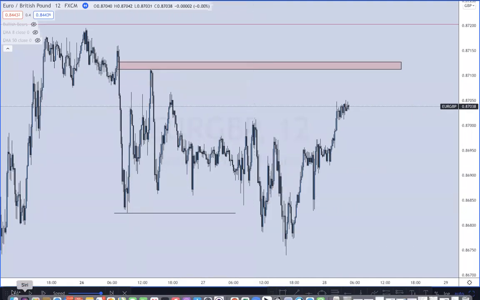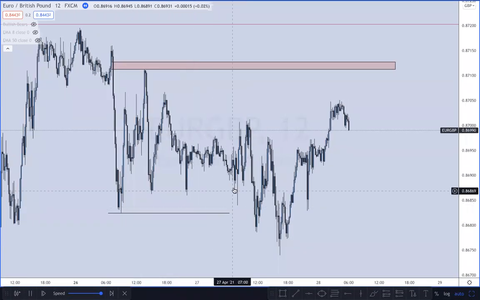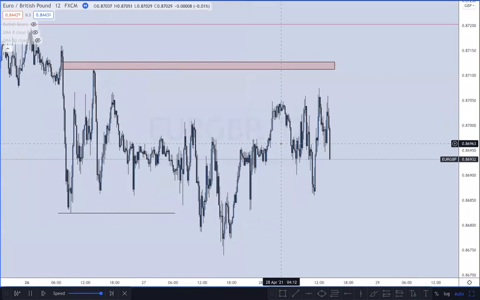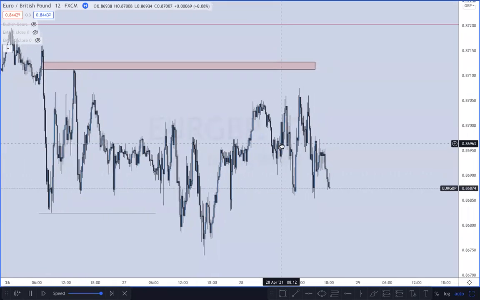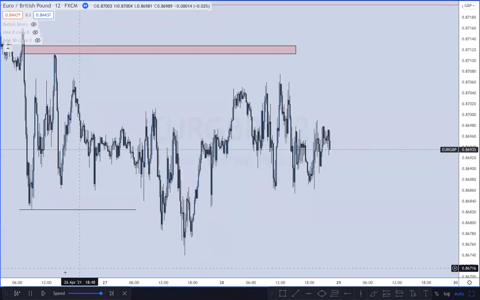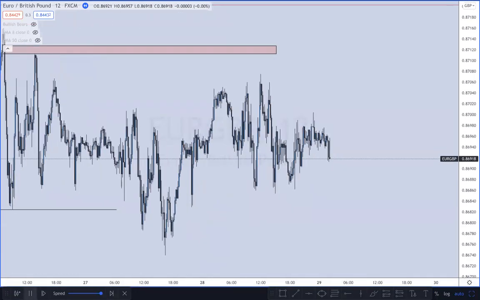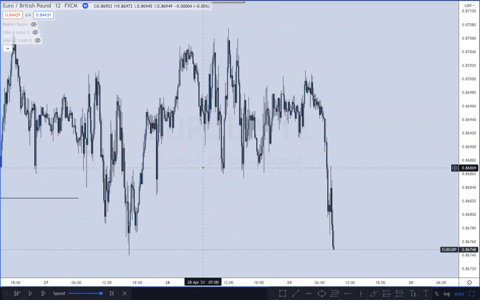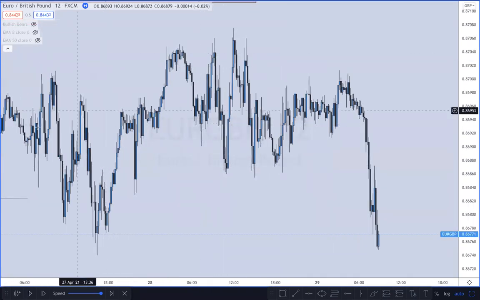Follow me, everybody. We didn't run into it. We created another structure to give you an entry.